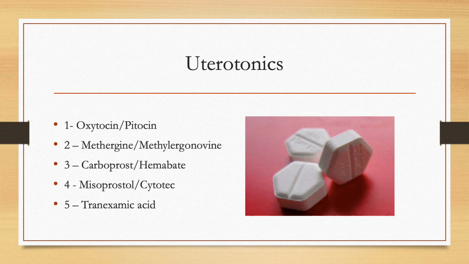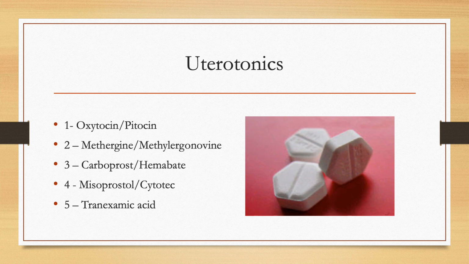Methergine is generally given intramuscularly at 0.2 milligrams every 2 to 4 hours, depending on prescriber or provider orders. Should not be given in the presence of hypertension. Caution should be used if multiple doses of ephedrine by the anesthesiologist have been used, because it may cause an exaggerated response to Methergine with possible cerebral hemorrhage. So you need to look out for that.